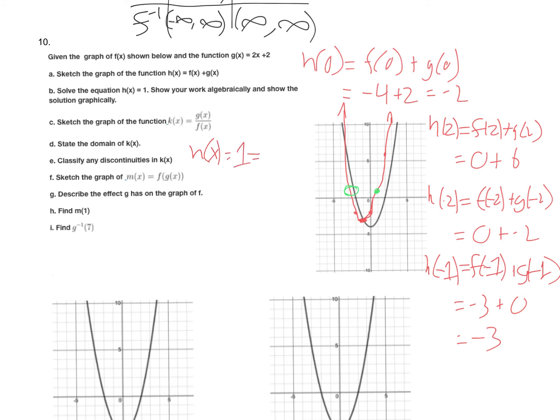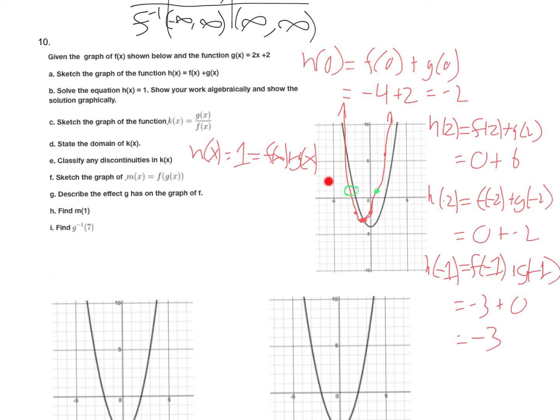And so that means that f of x plus g of x should equal 1. Well, f of x is this function, and that might be a little bit tricky, but basically from looking at this, it looks like my solution is approximately positive 1 here, and then maybe negative 2 or 3.